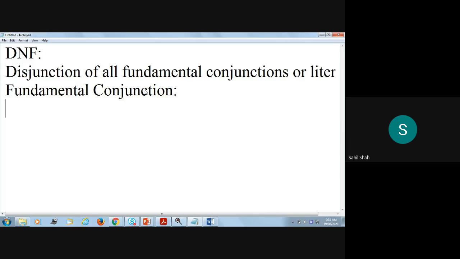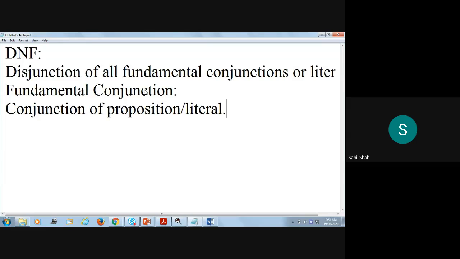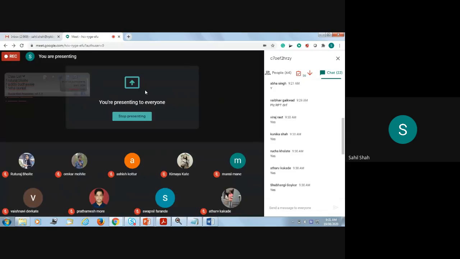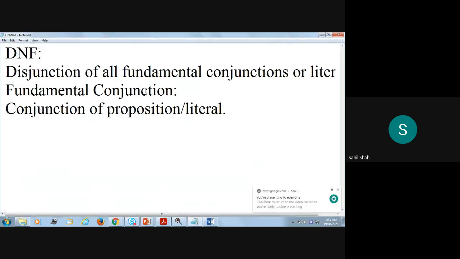Fundamental conjunction is nothing other than a conjunction of propositions or literals. Now, is it clear? Conjunction of propositions or literals.